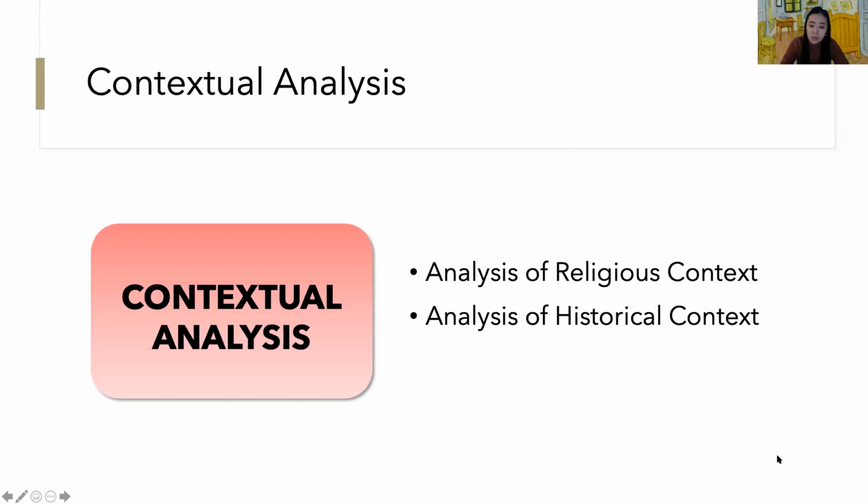To understand the context of a work of art fully, you will usually have to undertake some research in addition to looking very closely at the work of art itself. So there are two contextual analyses. One is religious context, and the other one is historical context. So let's see one by one.